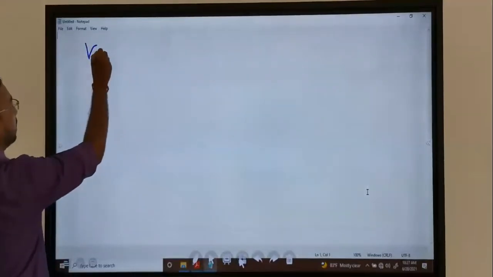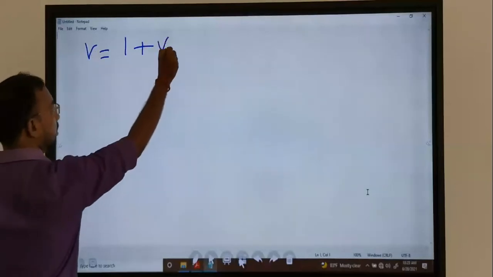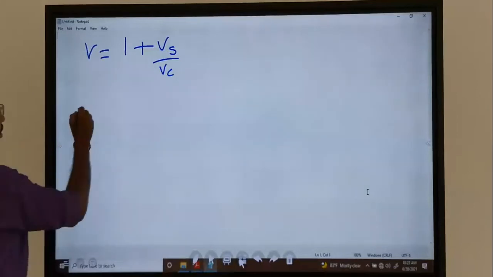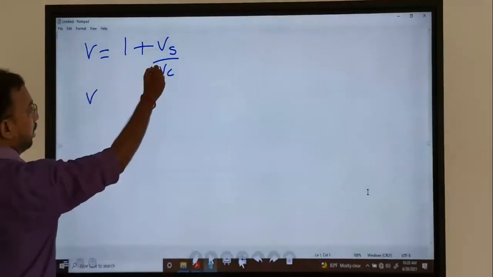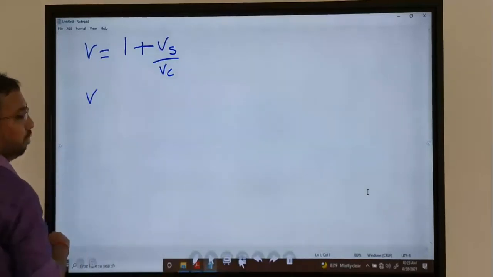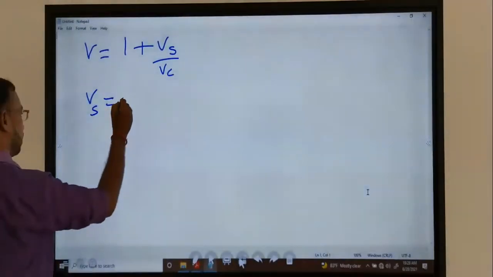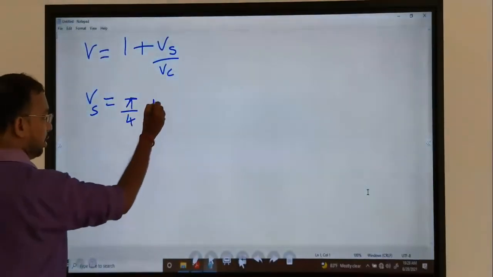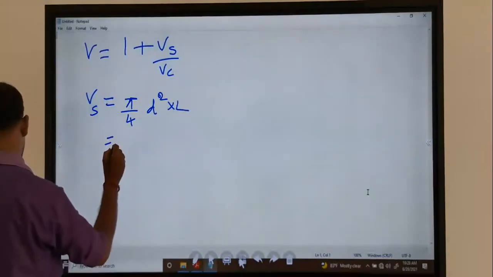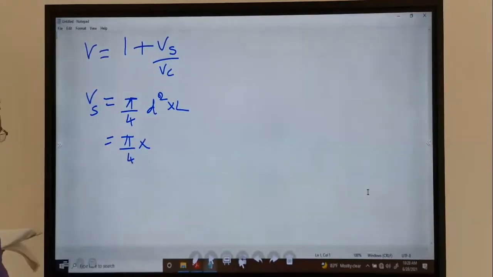So I write the compression ratio, we know the equation. When we find the clearance volume, we have to find the swept or stroke volume. So stroke volume is pi by 4 into d squared into L. So pi by 4, 66 millimeter.